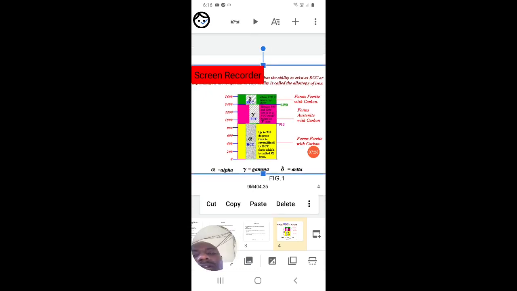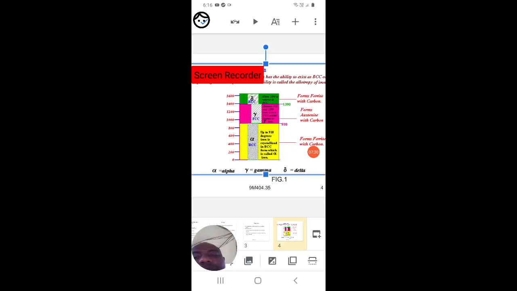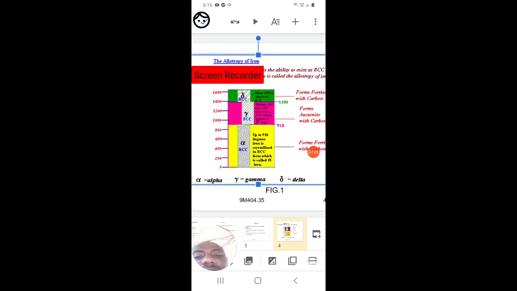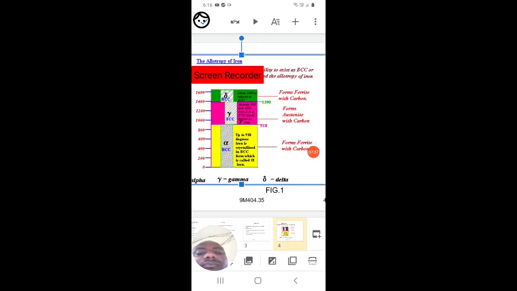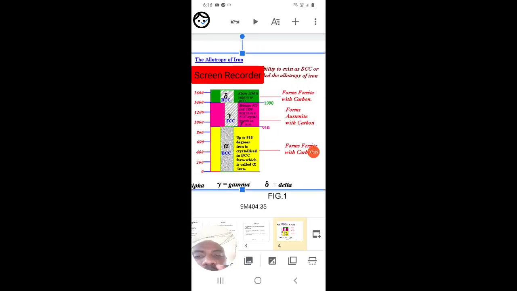So in this diagram, in delta iron, above 1390 degrees centigrade, it returns to its BCC structure and forms ferrite. So delta iron forms ferrite with carbon.